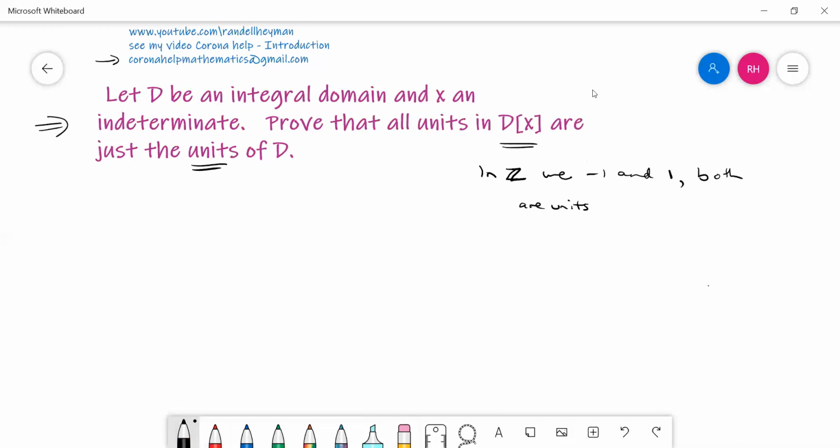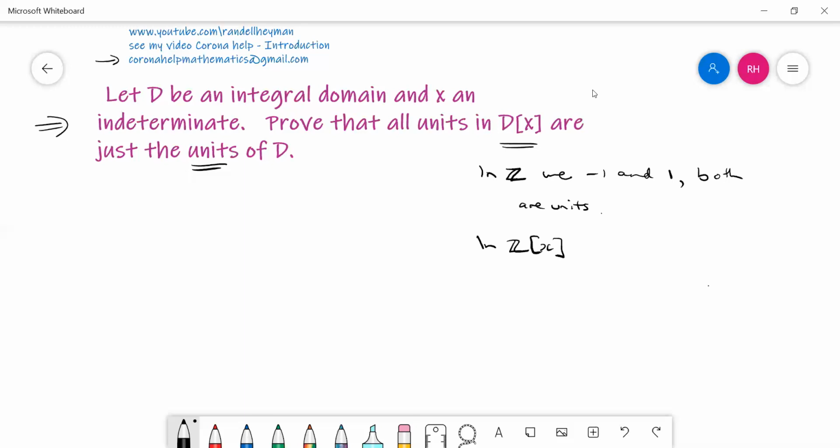Well, 1 times 1 is 1, and -1 times -1 is 1. So -1 and 1 are both divisors of 1. And what this is saying is that -1 and 1 are just the units in the integral domain of polynomials.